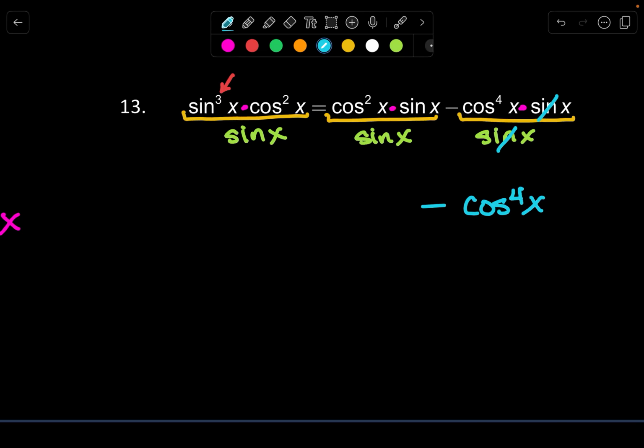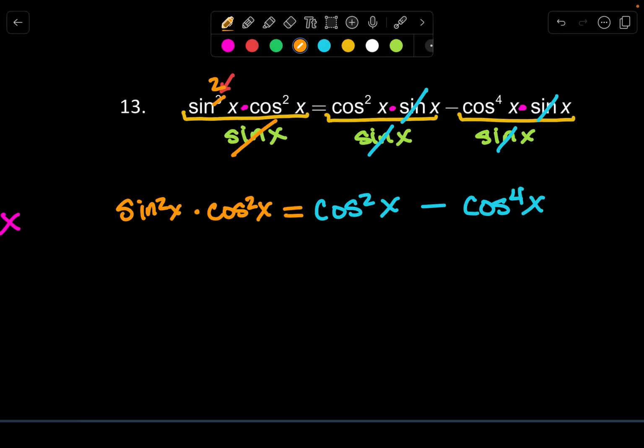And I go to the middle. Well, these two also cancel out. So that leaves me cosine squared x. And then on the first value right here, I've got 1 that will cancel out down here, and that will take one of these away and leave me with 2. So I've got sine squared x times cosine squared x equals cosine squared x minus cosine to the fourth x.